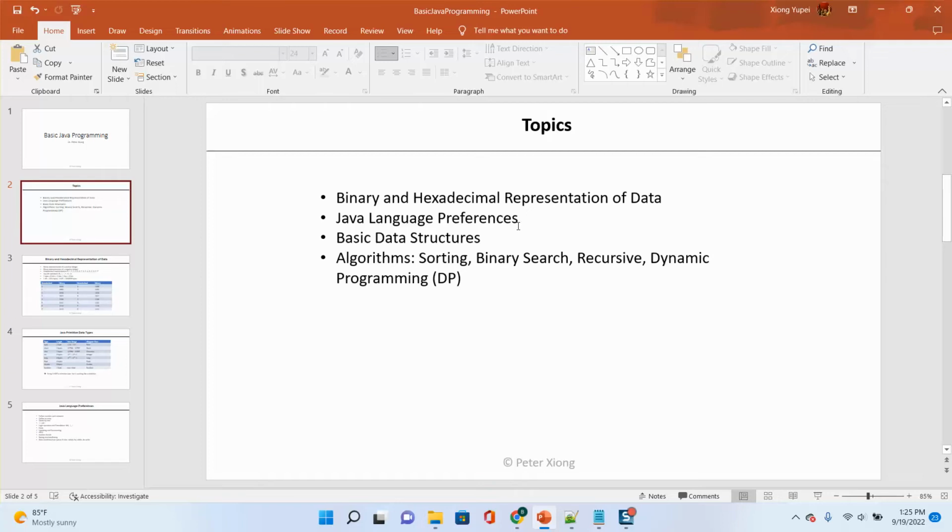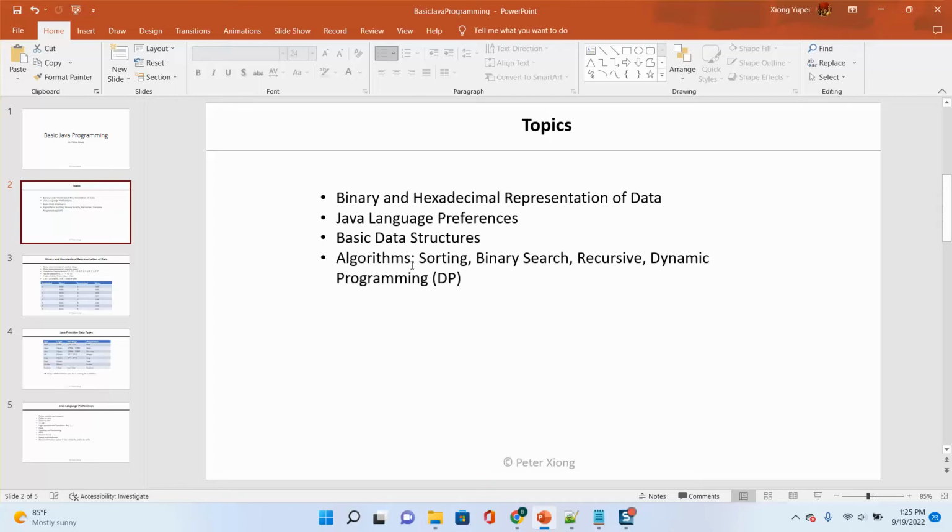Okay. The next part is basic data structures. If you want to solve some problems, I think data structure is very important. In this part, I will cover list structure, queue, stack, linked list, tree structures like binary tree, heap, and so on. And next is algorithms.